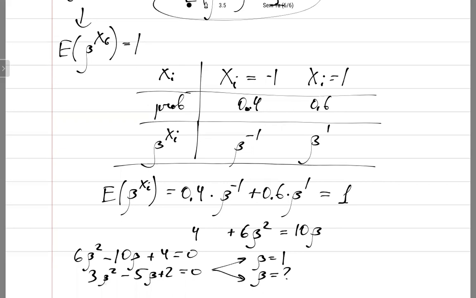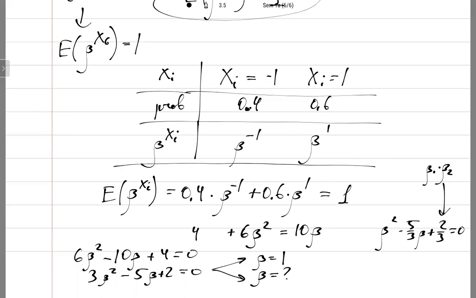Let me find the other beta. Am I right? Beta squared minus 5 over 3 beta plus 2 over 3 equals 0. And the product of the roots is 2/3, by Vieta's theorem.